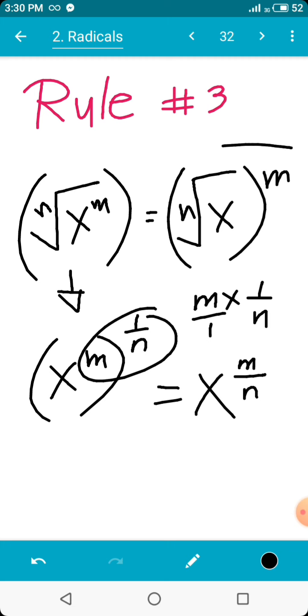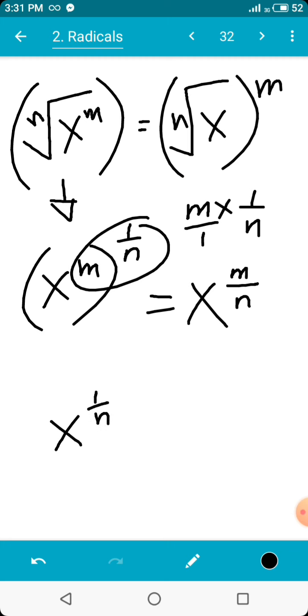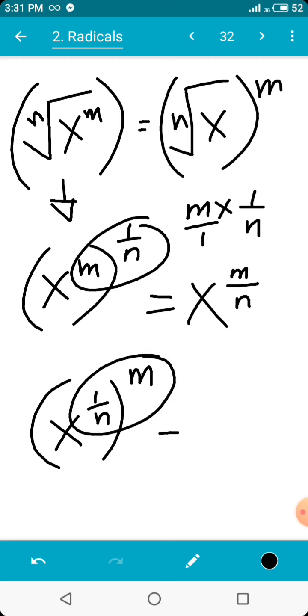Now, ito naman yung gawin natin fractional exponent. So, it will become like this. So, dahil ito yung nasa loob, so it will become x raised to 1 over n, saka natin i-raise dun sa m. Alright? So, again, pag ganito yung scenario, rule of exponent, imumultiply lang natin to.